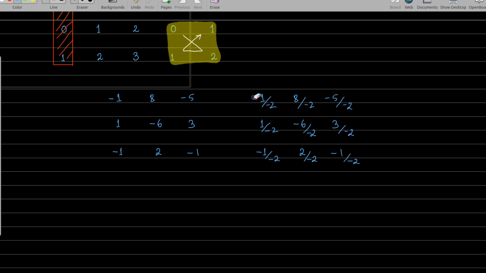So minus 1 divided by minus 2 is 0.5. Then 8 divided by minus 2 is minus 4. Then minus 5 divided by minus 2 is 2.5. Then 1 divided by minus 2 is minus 0.5.